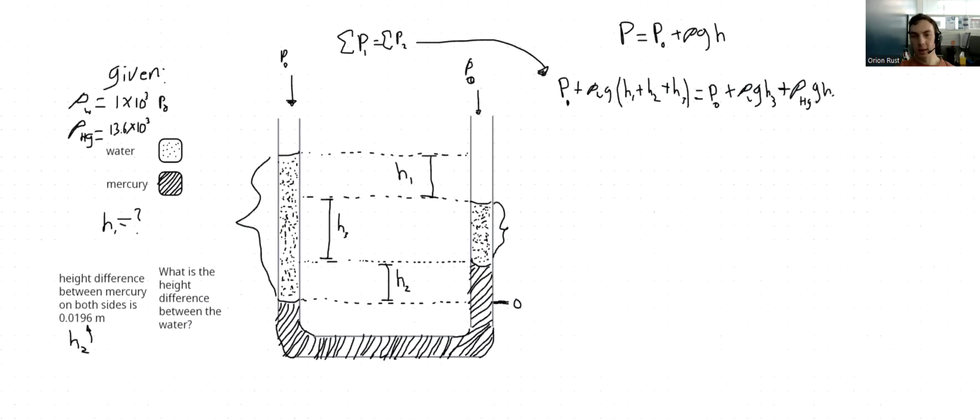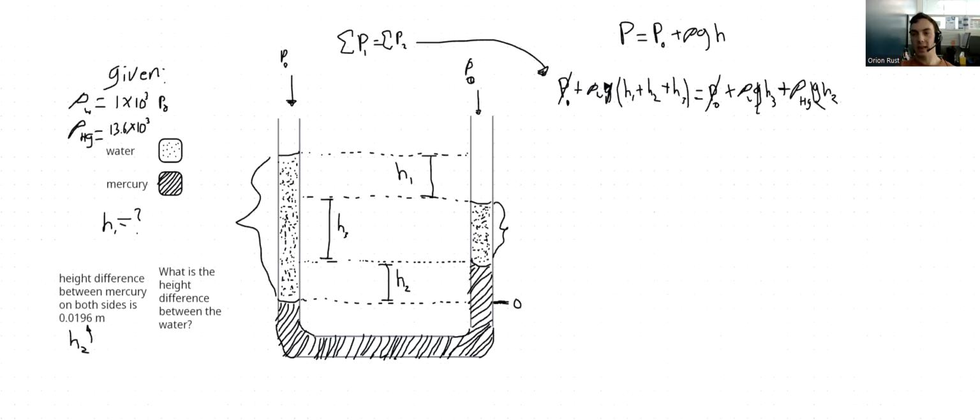Cool. Now the P naughts cancel on both sides. Before we even do that, we have a G on both sides. So we can divide everything by G and cancel out all the G's, which is nice.